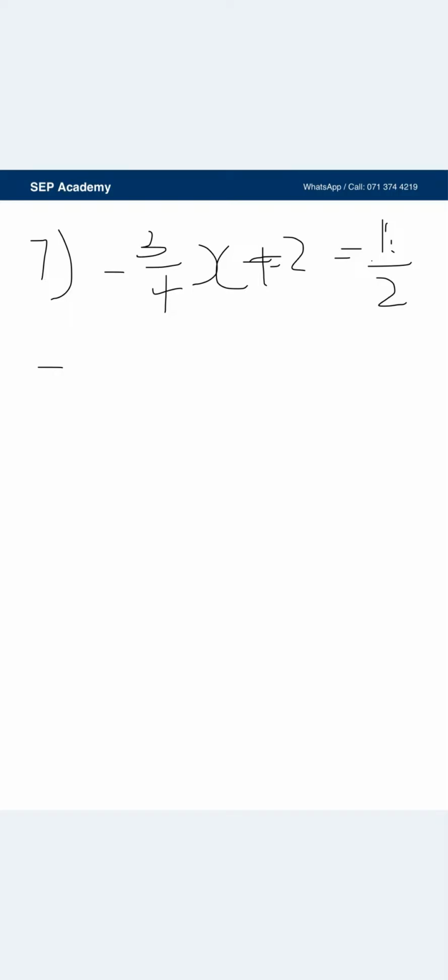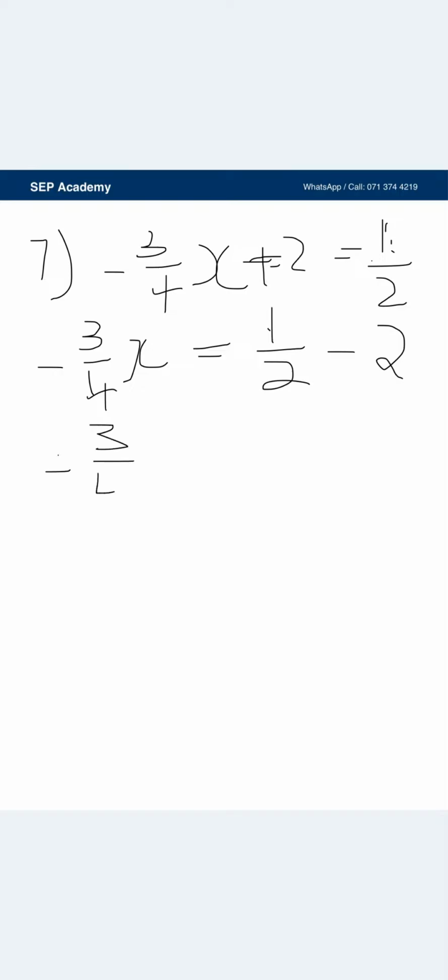Again, this negative 3 over 4x, I will just leave it on the left hand side. And then I will take that 2 to the other side. Definitely, it will have to change its sign. And then you now have your negative 3 over 4x, which will be equal to half minus 2.